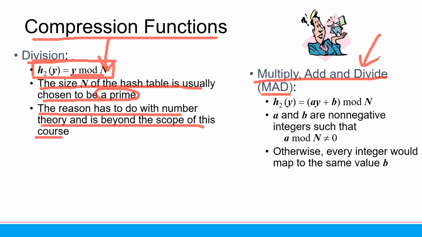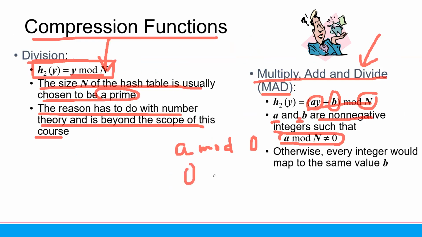For the compression functions, we can use multiply, add, and divide. The multiply, add, and divide uses this formula: a multiplied by y and then plus b, and then we do the mod with n. This assumes that a and b are non-negative, so that a mod n will not be equal to 0. If there is a 0, then a mod 0, what happens? Everything divided by 0 is infinite, so it is not possible.